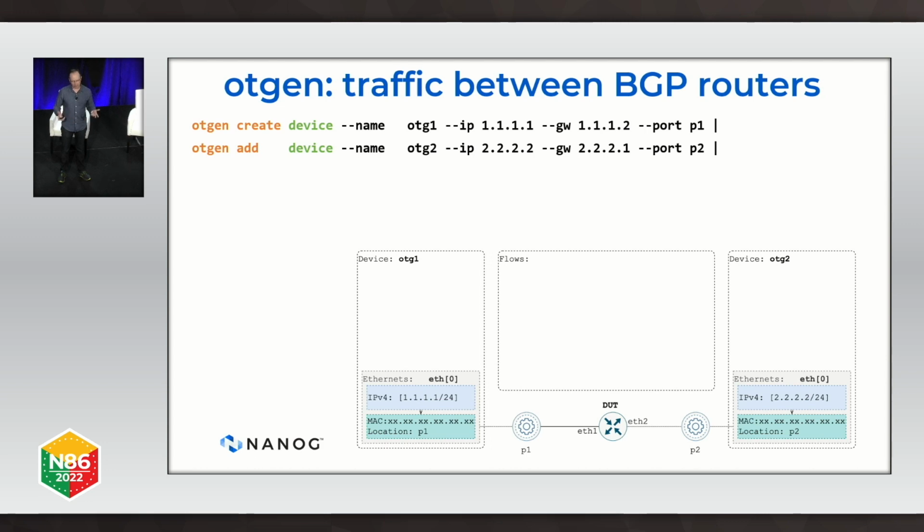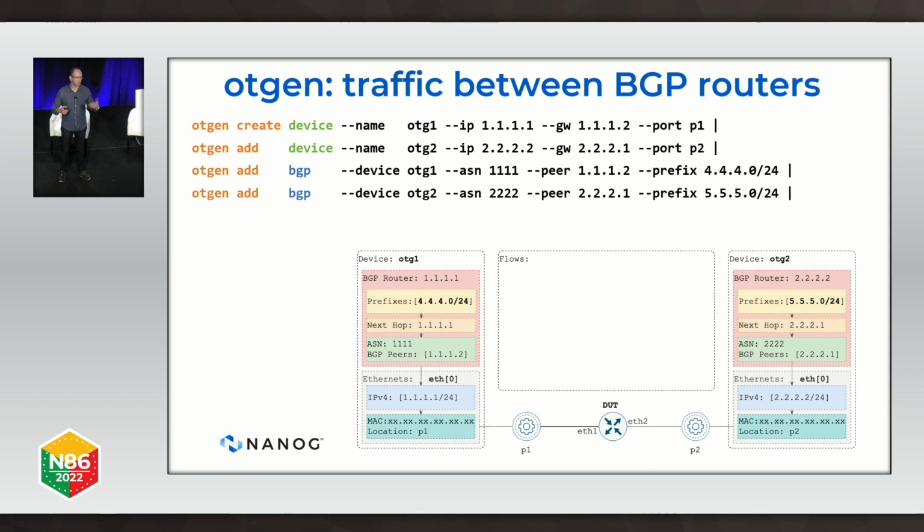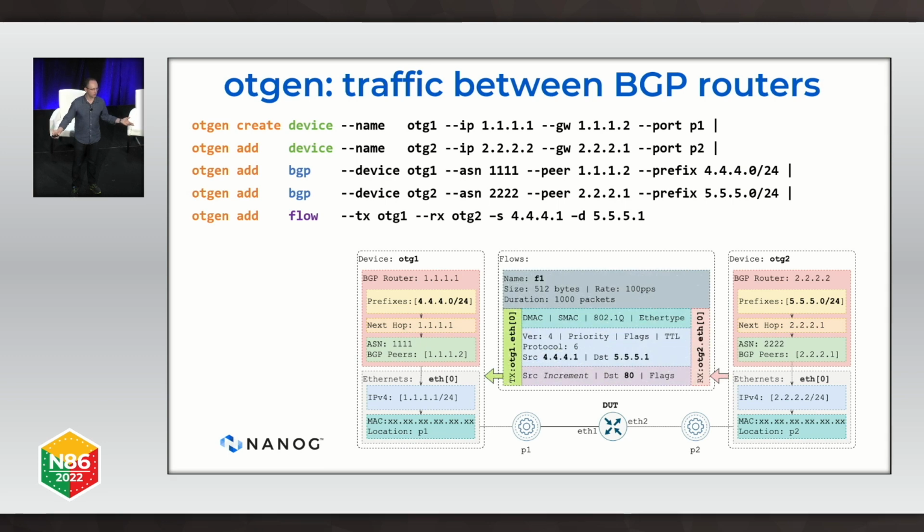Once you have that, you're going to add a BGP stack to those devices. So essentially what happens here is this YAML file is getting more and more configuration added to it. You say, hey, I want to have this autonomous system over there, and I want to peer with an IP address of my peer, and then I'm going to announce this prefix over here. Once you have that, now you can create a flow between these 2 devices. Hope it's logical enough.